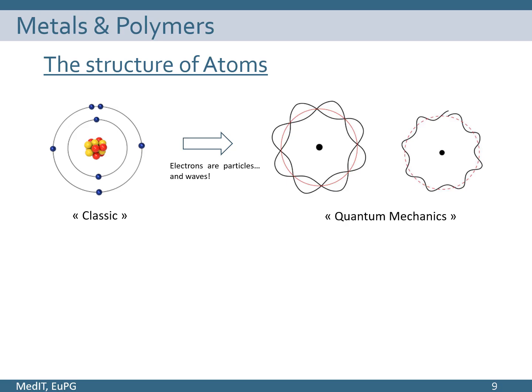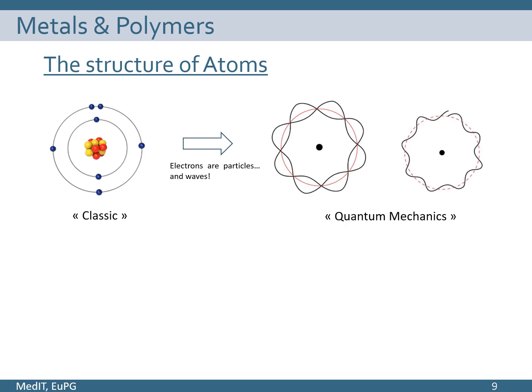Let me tell it once more. It is the wave-like nature of electrons and interference phenomena that together explain the existence of electronic energy levels in atoms. Okay, it's an energy spectrum.